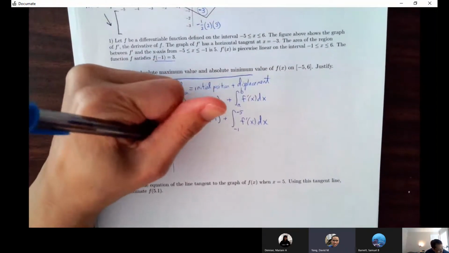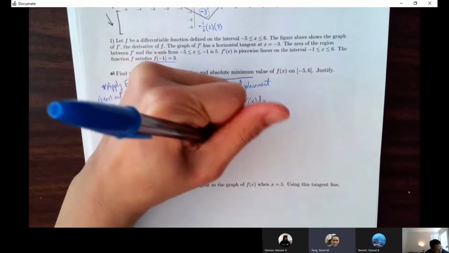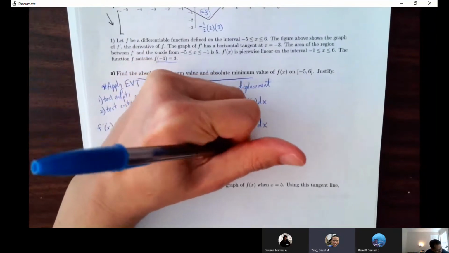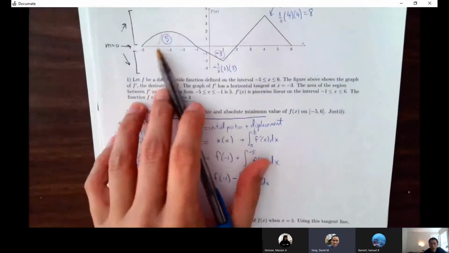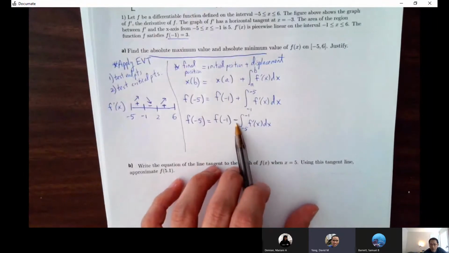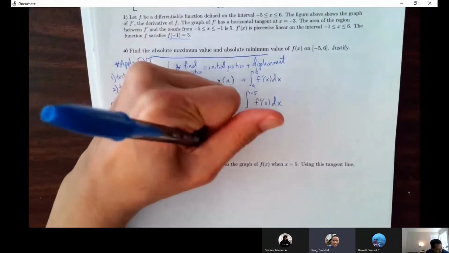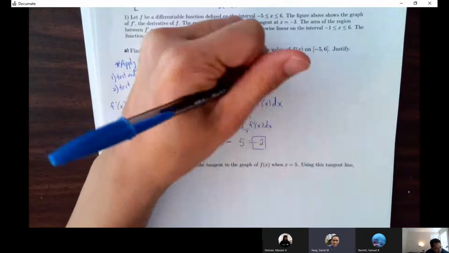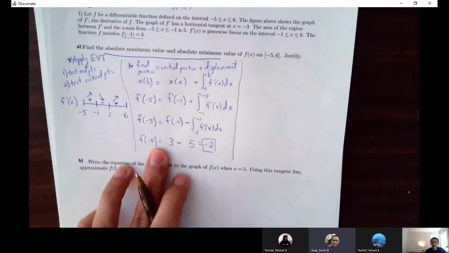So I'm going to rewrite this as minus the integral from -5 to -1, that's going to be a +5. We can insert +5 in here, but make sure we have a minus there. Okay, so we have a location for f of -5.